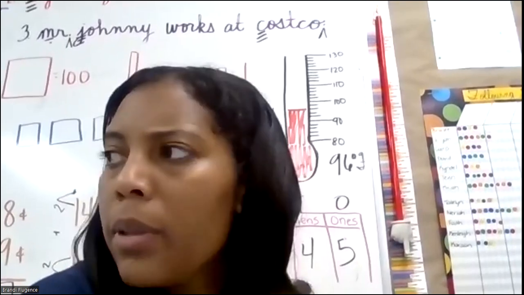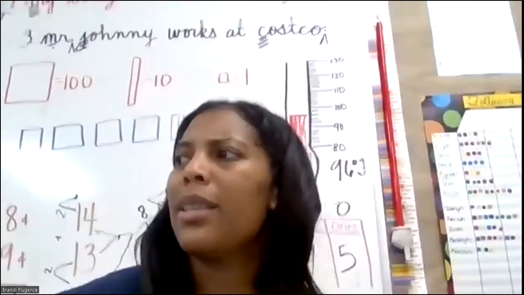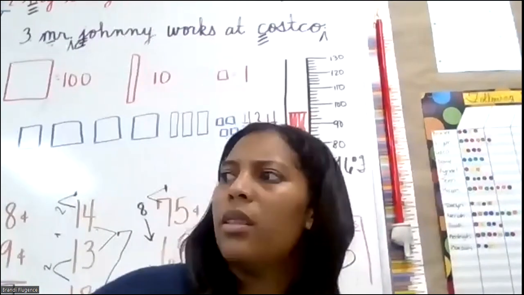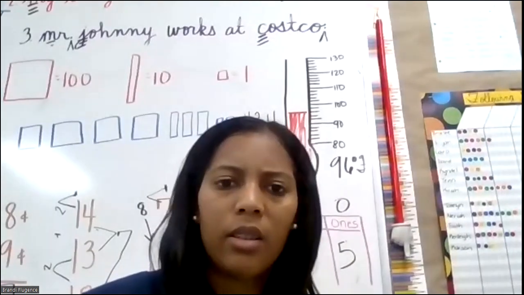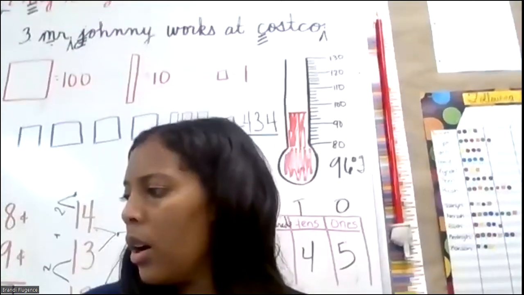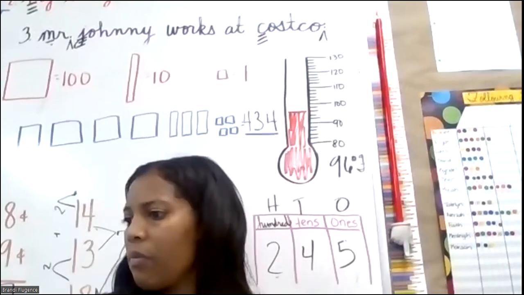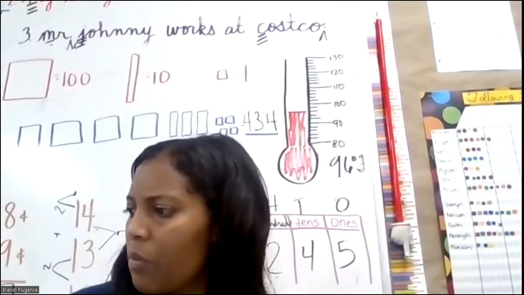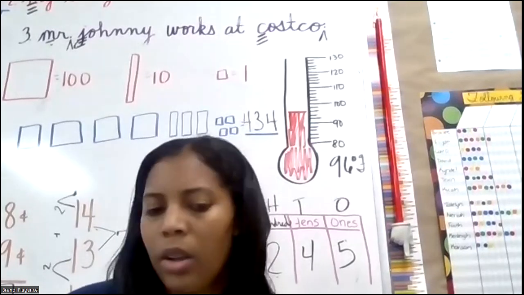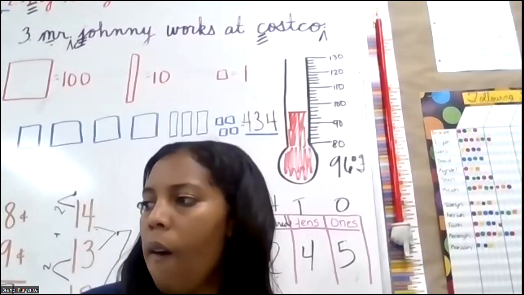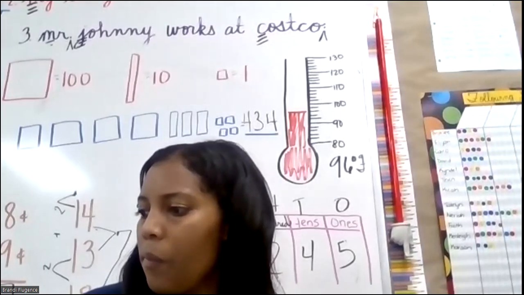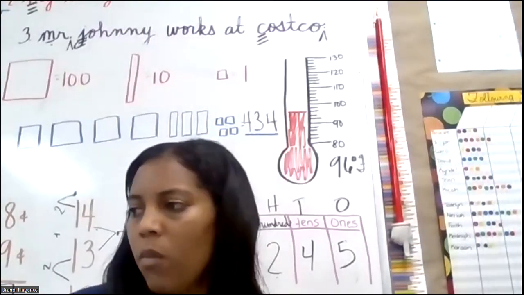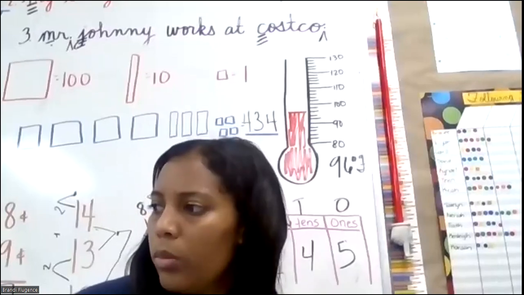China. 3, ounce. O-U-N-C-E. Ounce. 4, pause. P-A-U-S-E. Pause. 5, draw. D-R-A-W. Draw. 6, easy. E-A-S-Y. Easy.